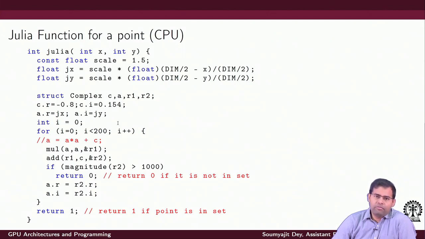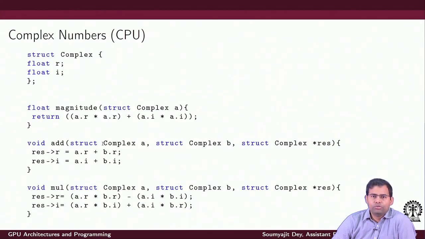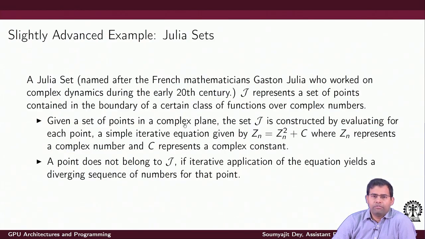Essentially I will be doing all my Julia set computation on jx and jy, and it is very standard. Looking at the original mathematical formula, all we are supposed to do is iterate over this equation multiple times, see whether the result is converging or not, and based on that decide whether it is a member of the Julia set.